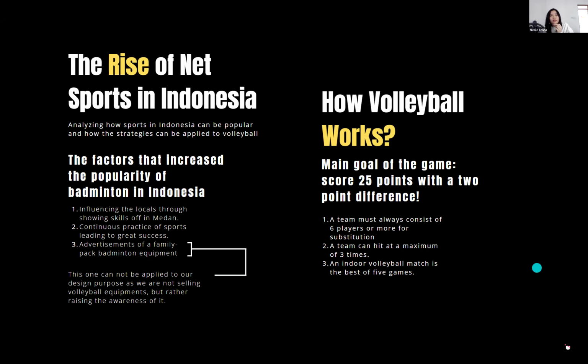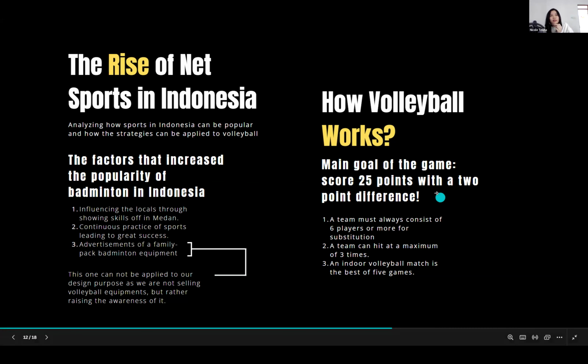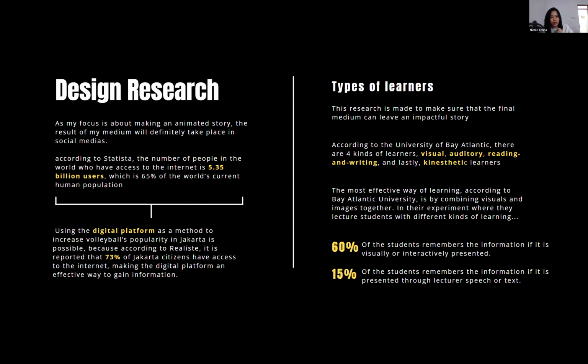About making an animated story, the result of my medium will definitely take place on social media. According to Statista, the number of people in the world who have access to the internet is 5.35 billion users, which is 65% of the world's current population.